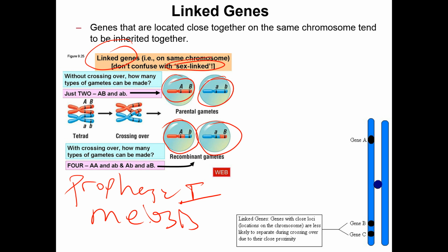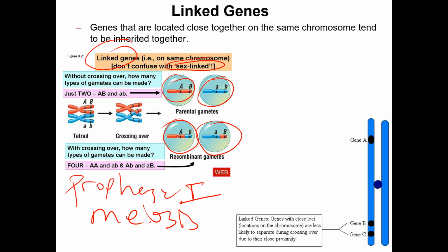Completely different terminology. Linked genes can either be on autosomes or sex chromosomes. Sex-linked genes are found only on sex chromosomes.